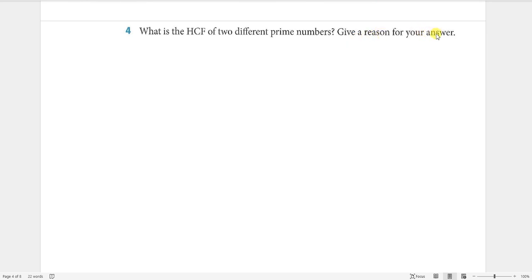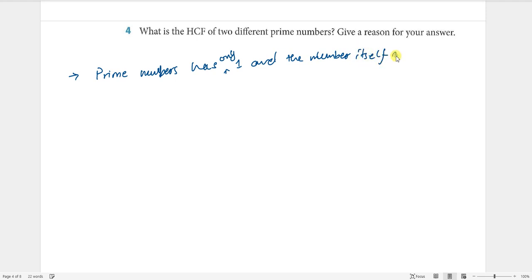As we checked earlier, we know one condition about prime numbers: prime numbers have only one and the number itself as a factor.